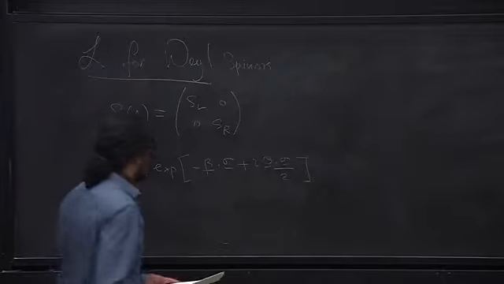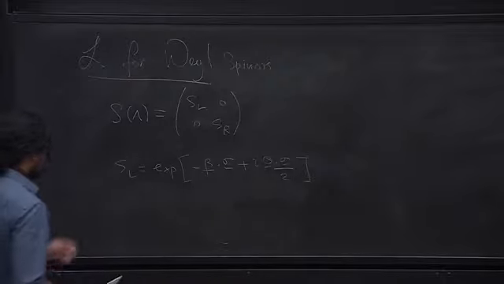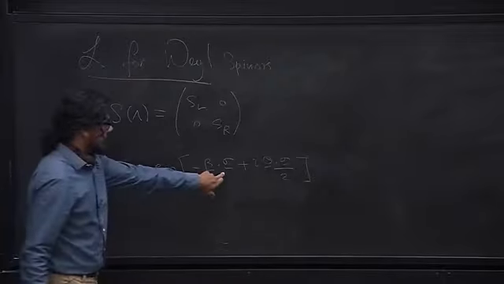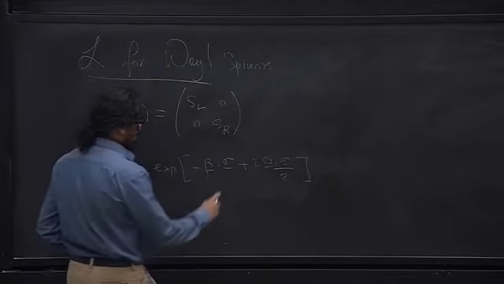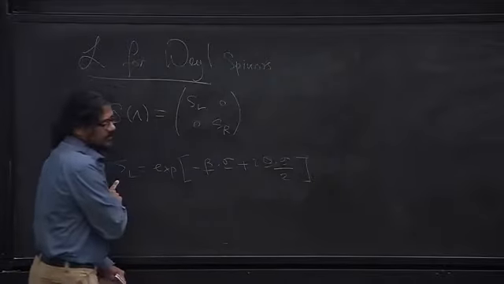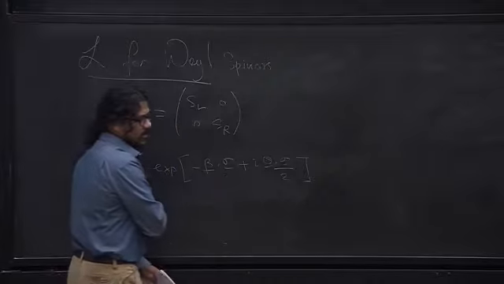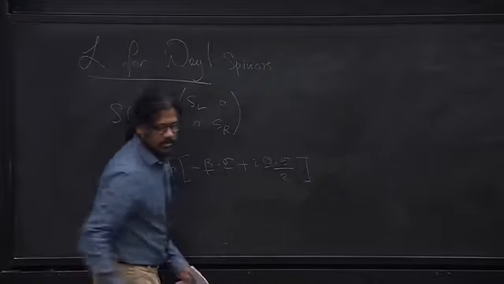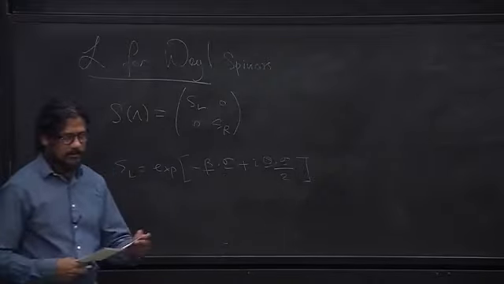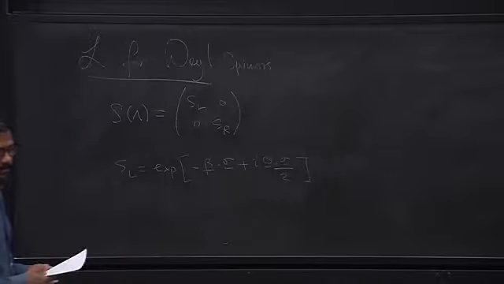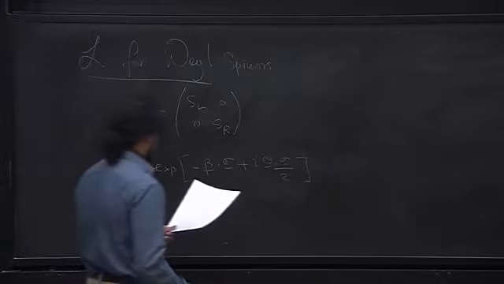Okay, and you can see that these are traceless matrices, right? So the determinant is going to be 1 because the generators are traceless. That shows that they are SL(2,C) matrices.